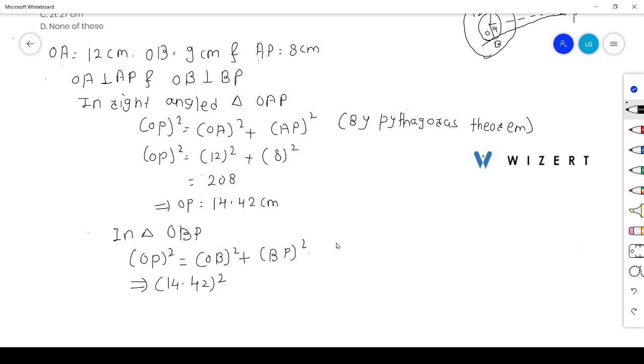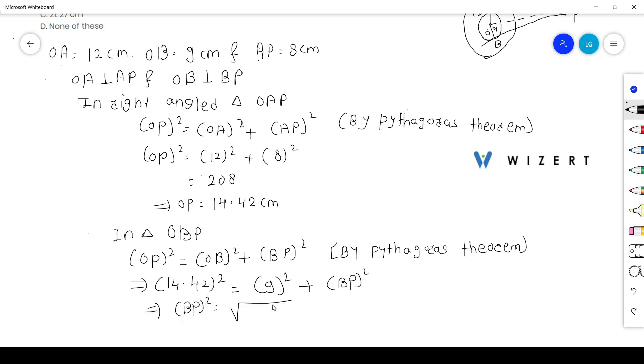Here it is by Pythagoras theorem. So 14.42 square equals OB is 9 square plus BP square. So BP will be square root of 14.42 square minus 9 square.